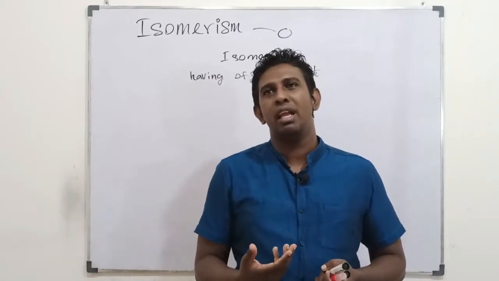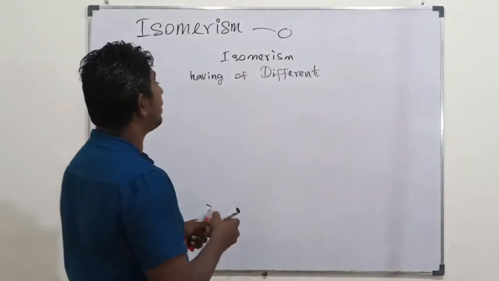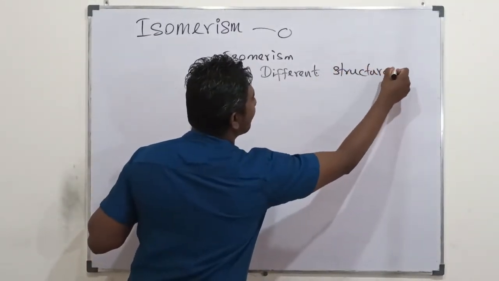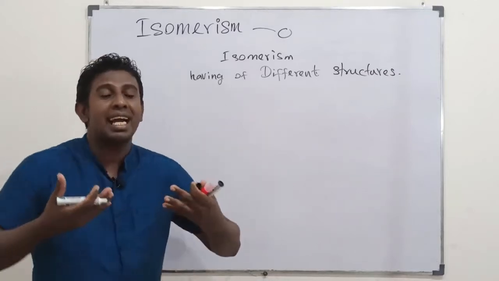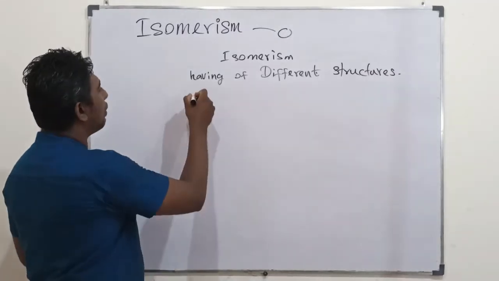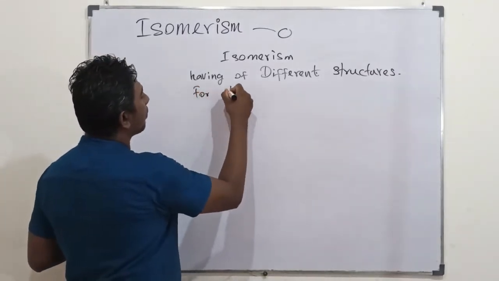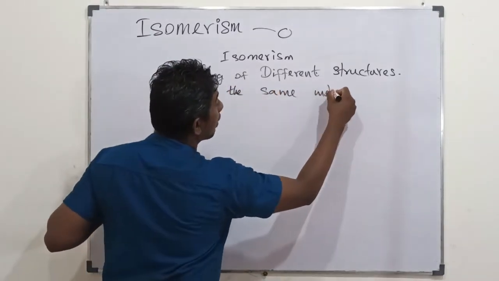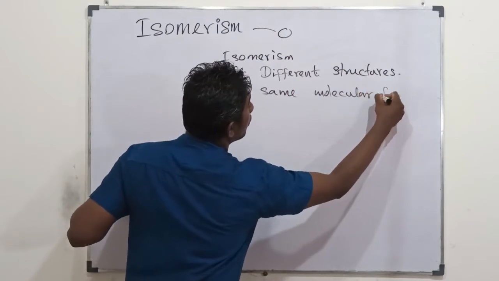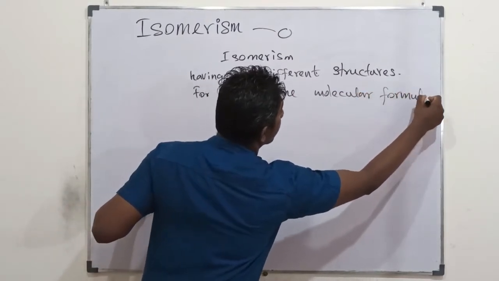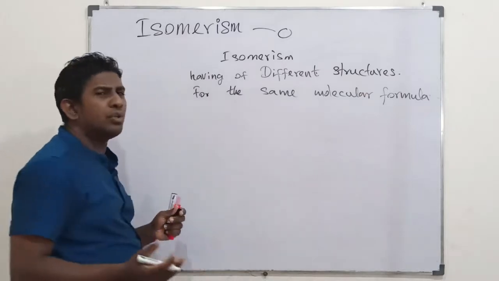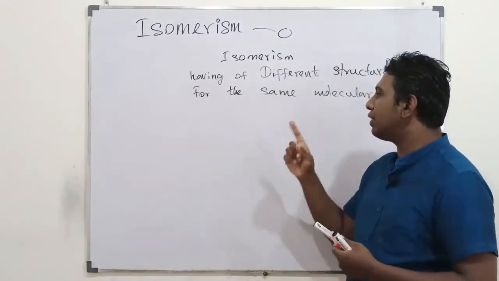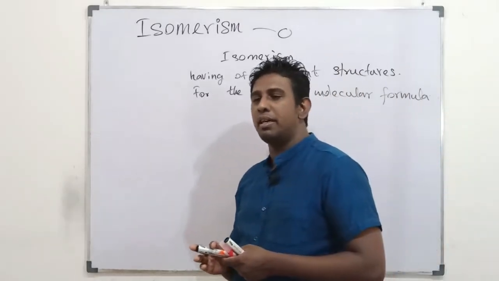Therefore, we could call it the having of different structures for the same molecular formula. So you could find various different compounds standing for the same molecular formula.